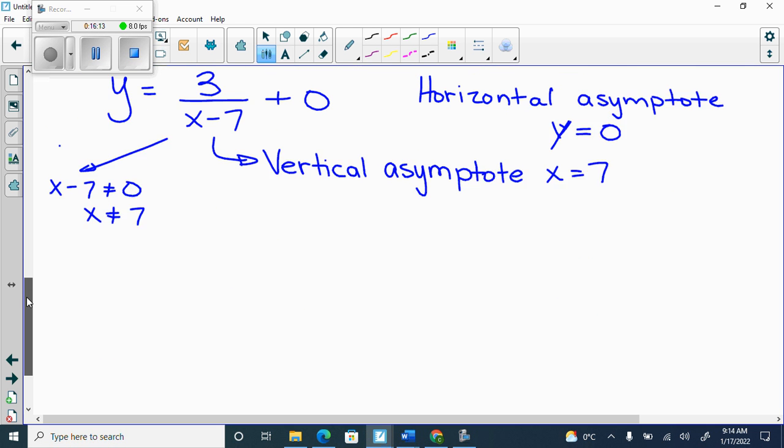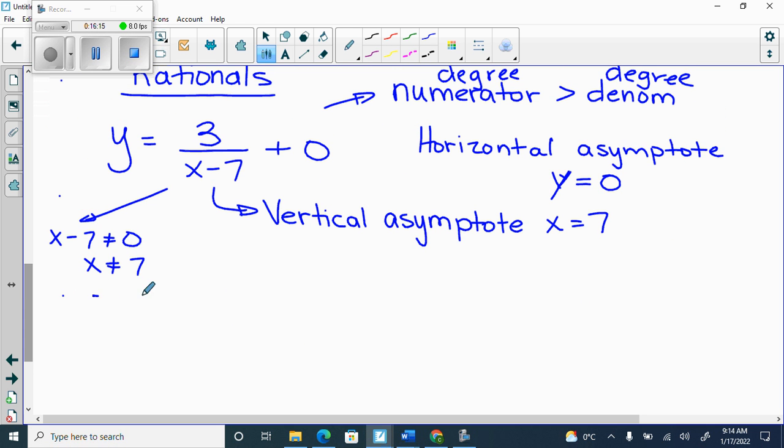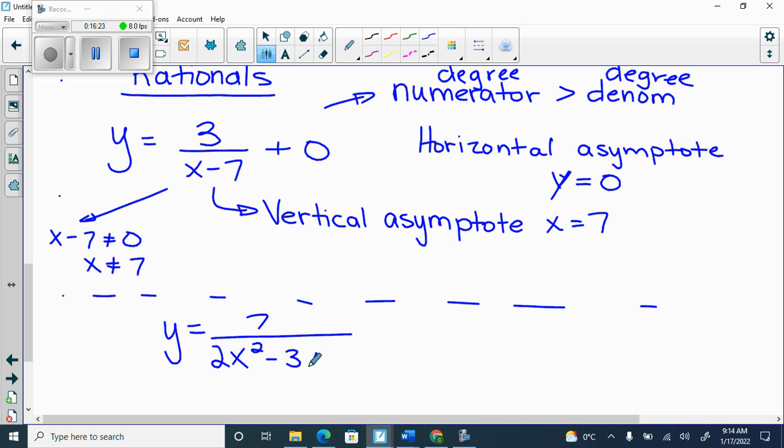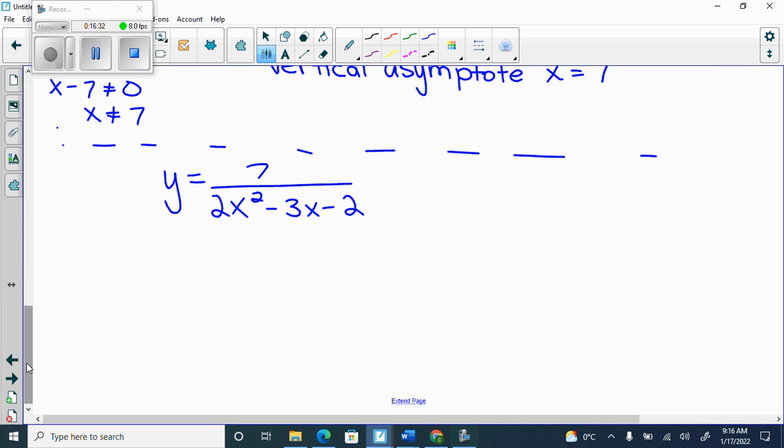Okay. What if we do this? y equals 7 over 2x squared minus 3x minus 2. Give me the asymptotes, please. And the domain and range. So, when I factor the denominator, help me out.